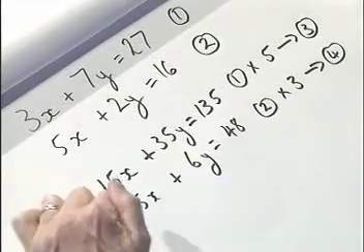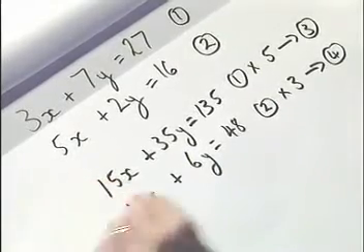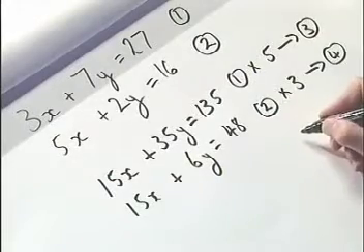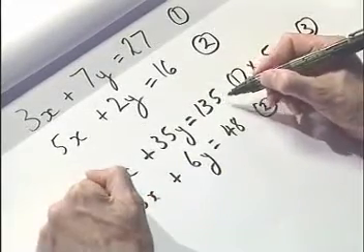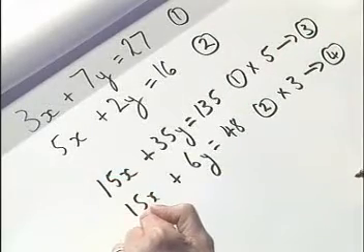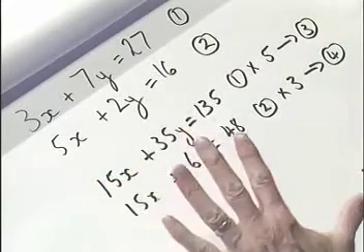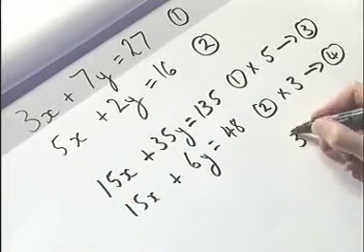These are now both plus 15x. So if I take this equation away from that equation, I'll have 15x minus 15x, no x's at all. I've eliminated the x, I'll just have the y's left. So let's do that.